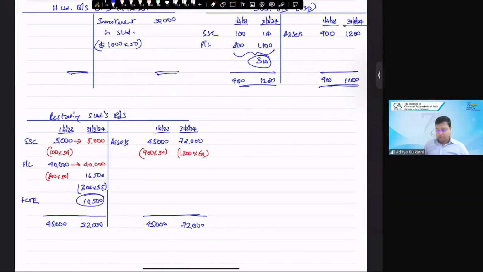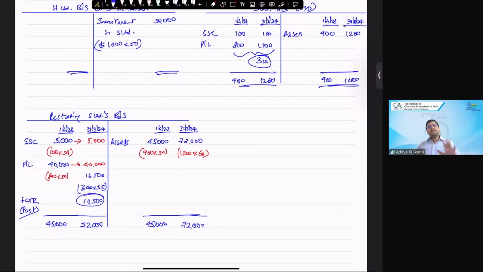FCTR, correct? Yes? And this will be entirely post-acquisition reserves. Okay? This will entirely be your post-acquisition reserve. All right. Now let us move on to the next one.